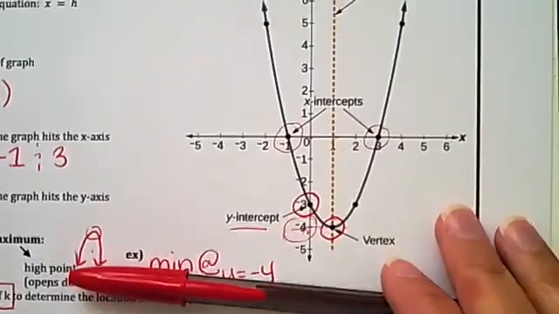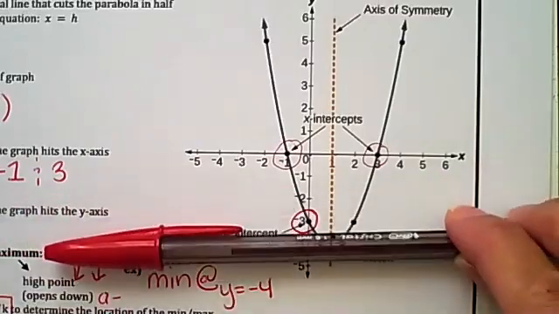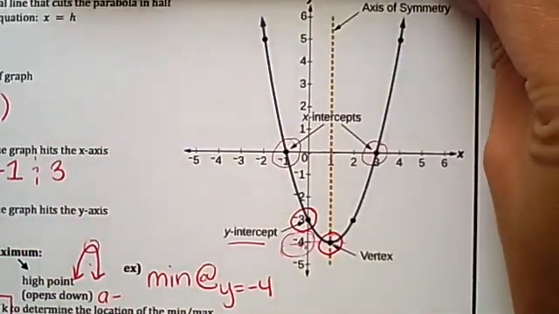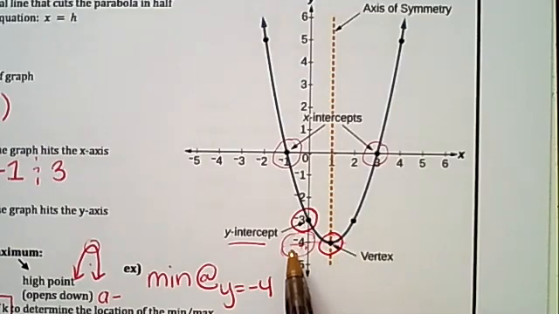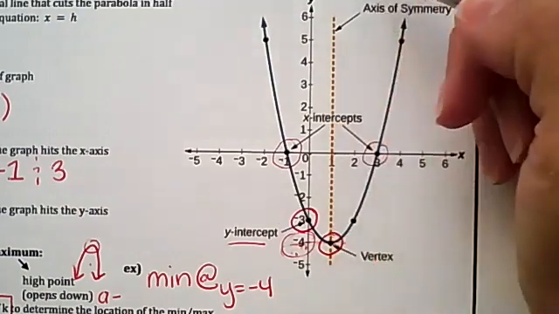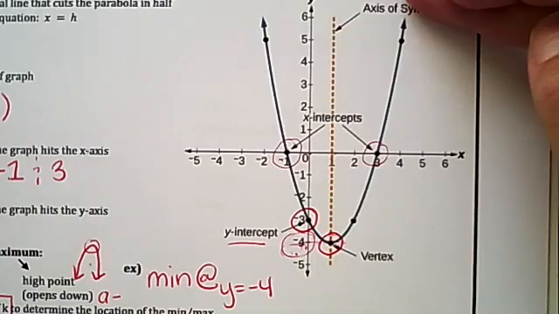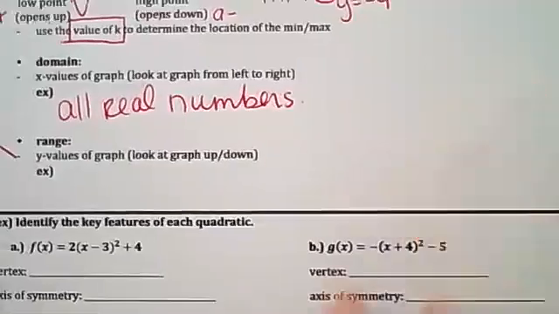So what we would say for the range is that Y, for this one, is greater than or equal to -4. Do you guys see how everything on the graph is above -4? So we're going to say Y is greater than or equal to -4. Let's come back down here.